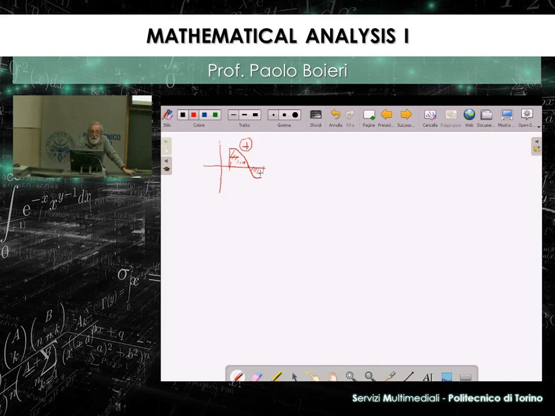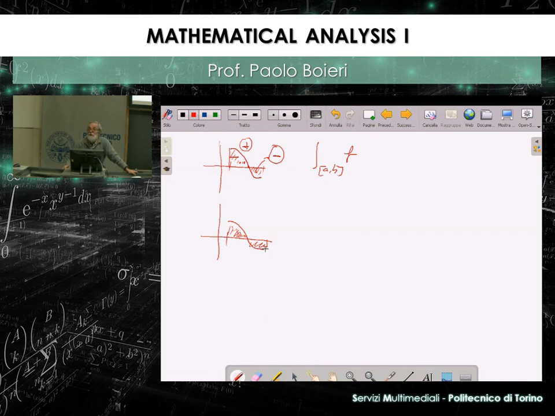And then this area taken with the minus sign. Fine? Okay, then in these cases, the integral AB of f doesn't give me the idea of area, because it is this part with plus and this part with minus.